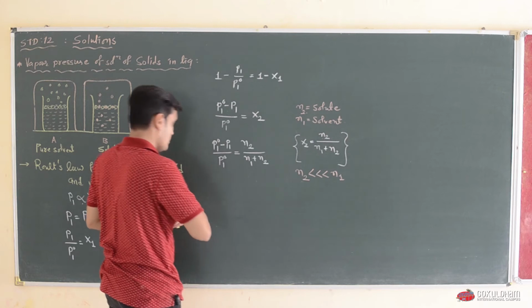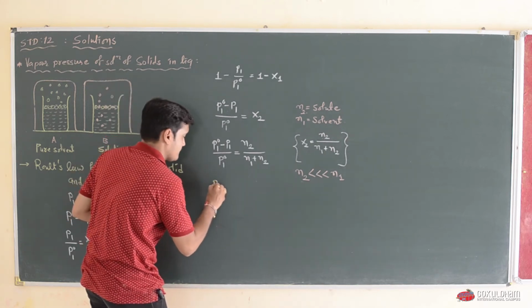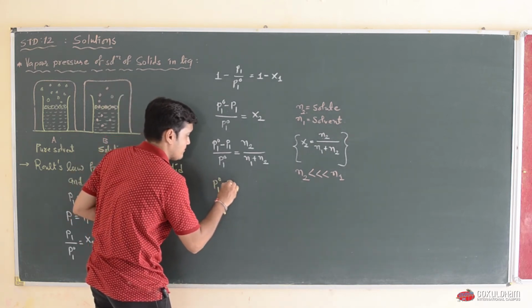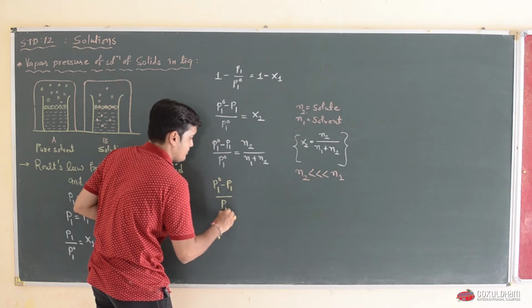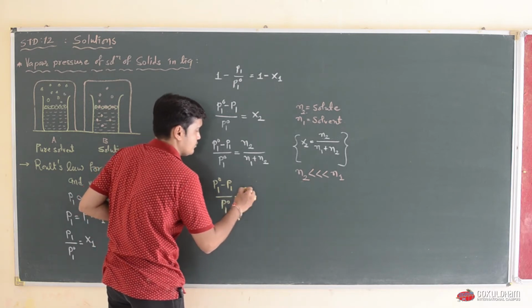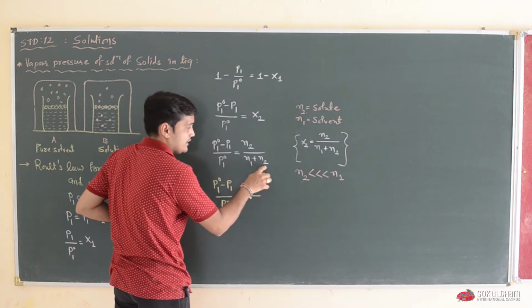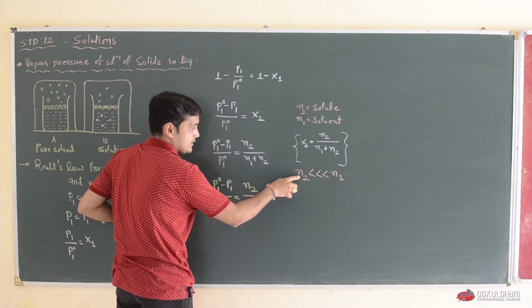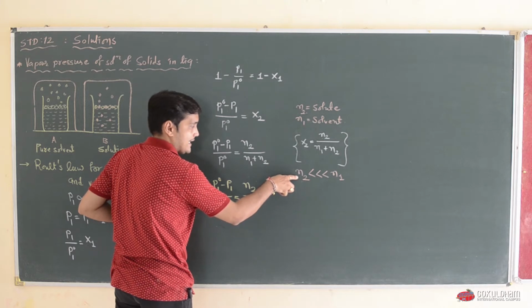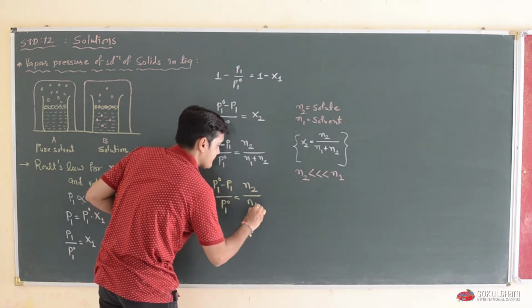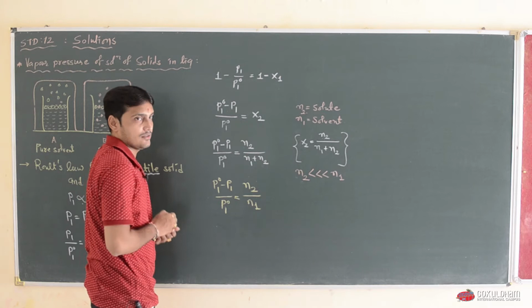So our equation becomes (P1⁰ minus P1) upon P1⁰ is equal to n2 upon n1, as n2 is neglected in the denominator since n2 is very much less than n1. So we will get n2 by n1.